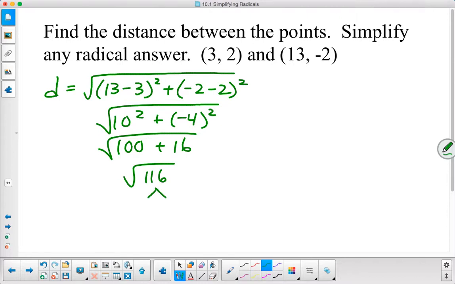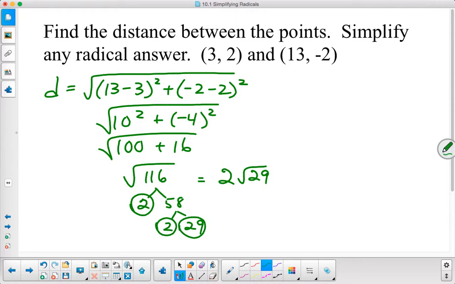Need some factoring. There's a pair of 2s, and there's an extra 29. I want to make sure I did that factoring right for you. Yes, that looks right.